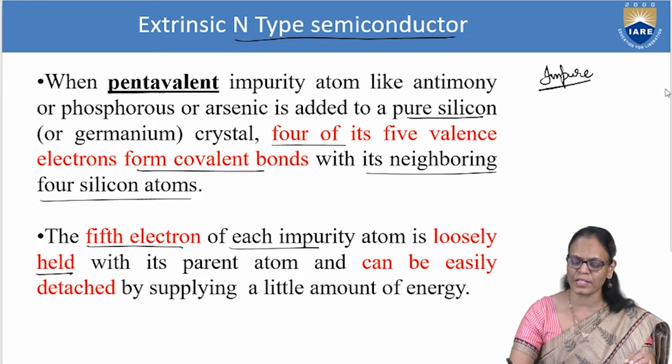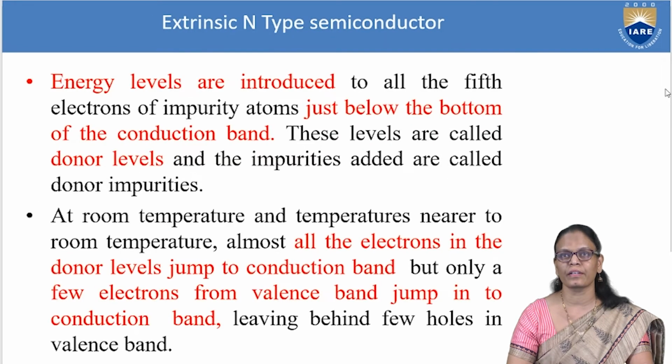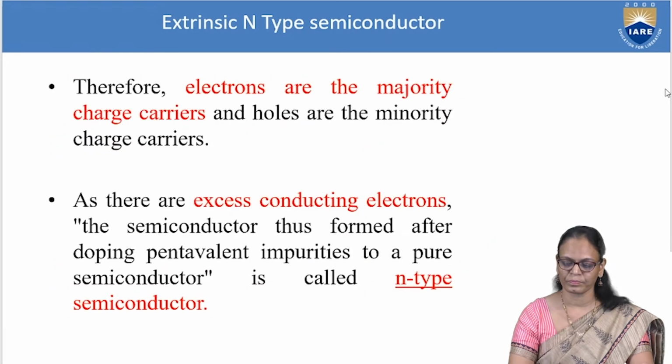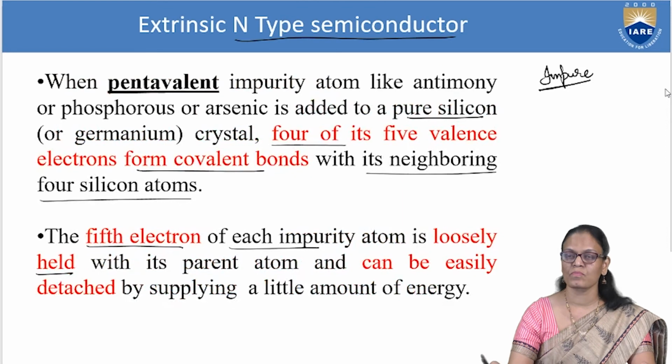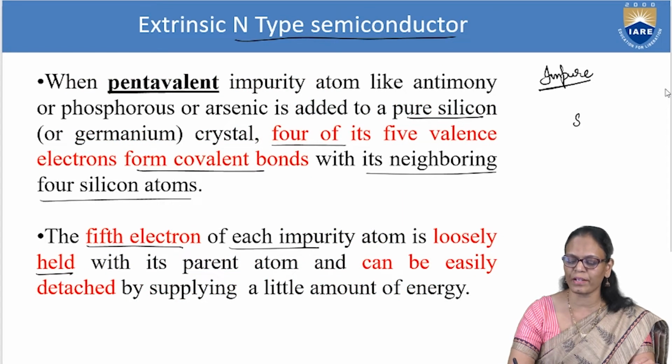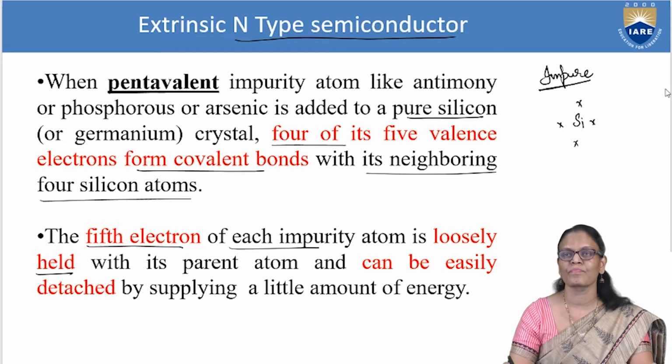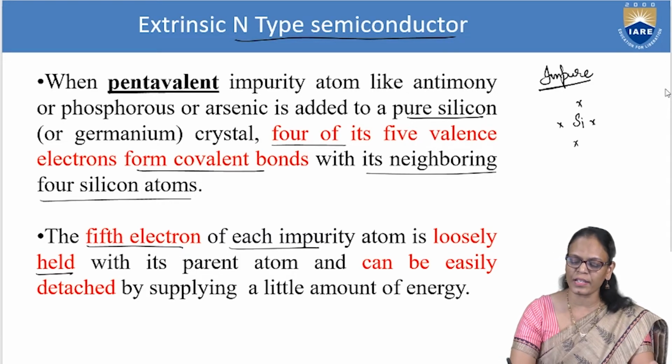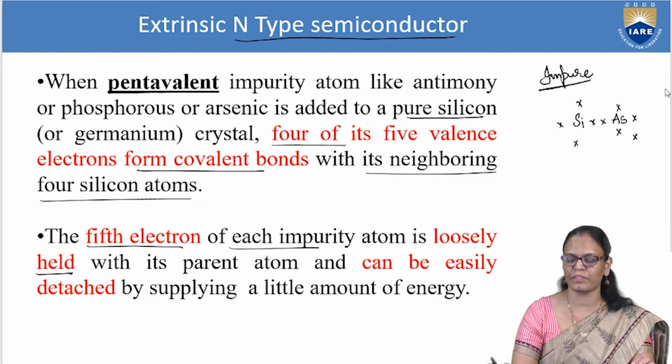Let us try to understand here with the help of the diagram. Silicon has 4 valence electrons, and arsenic, which we are adding, is a pentavalent impurity, with 5 valence electrons: 1, 2, 3, 4 and 5. So these are forming bonds with the neighboring atoms like this.